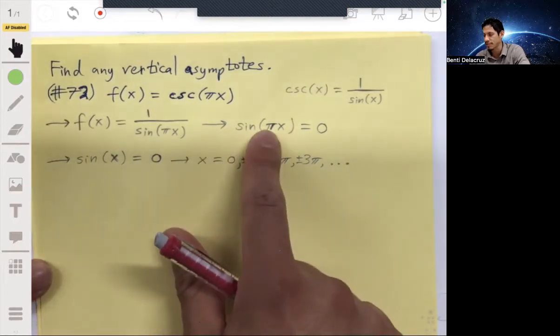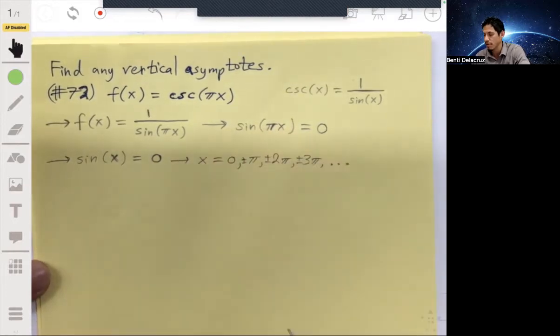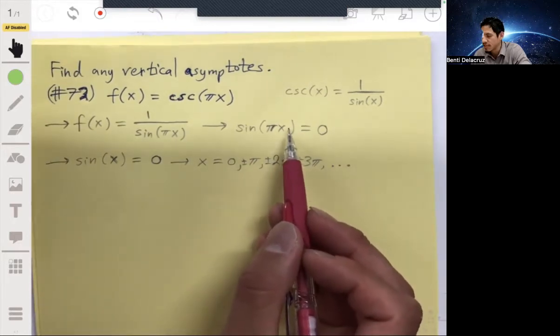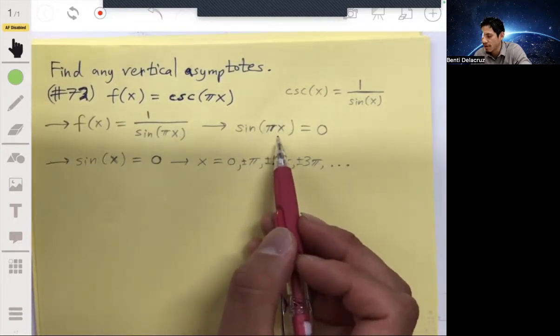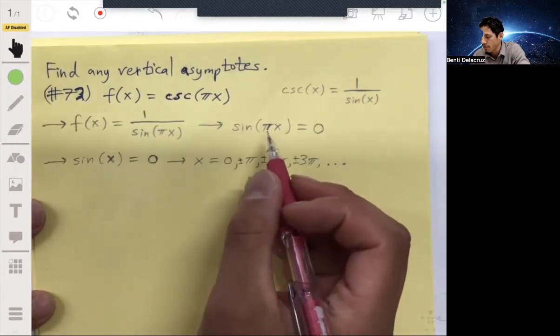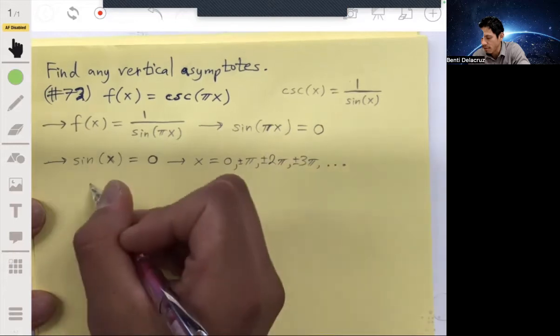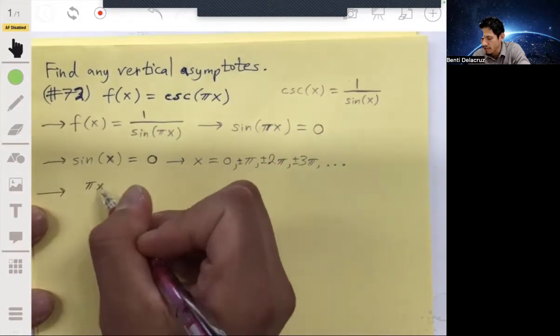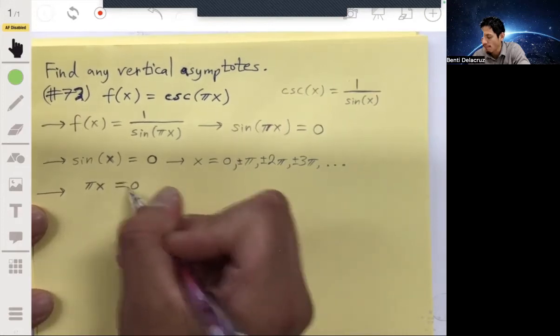So let's look at when the sine of pi x is equal to 0. All you have to do is essentially set what we have on the inside equal to these. So for example, you want to find when pi x is equal to 0. That'll be our first one.